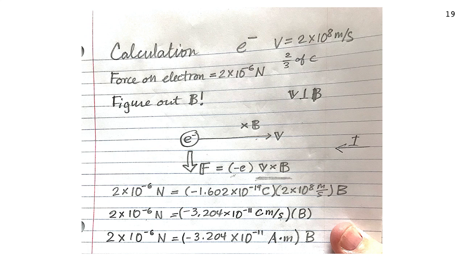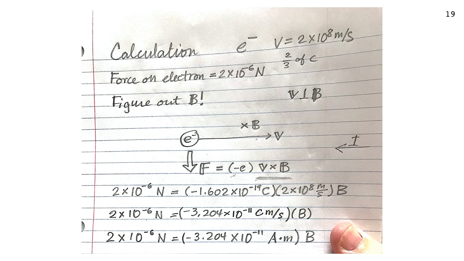We're going to have an electron, and the speed of the electron is going to be 2 times 10 to the 8 meters per second. Now that's 2/3 of the speed of light. And we see electrons at this speed all the time. It is very easy to get them up to that speed. They're called relativistic electrons, and we're able to accelerate those.